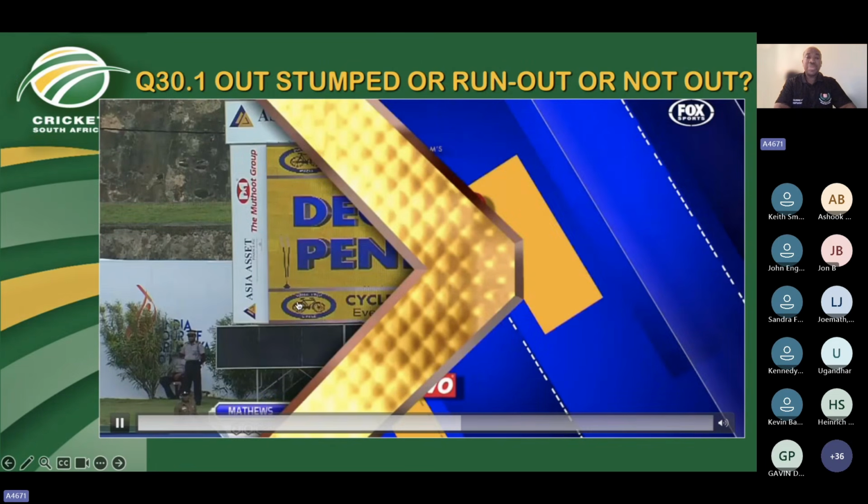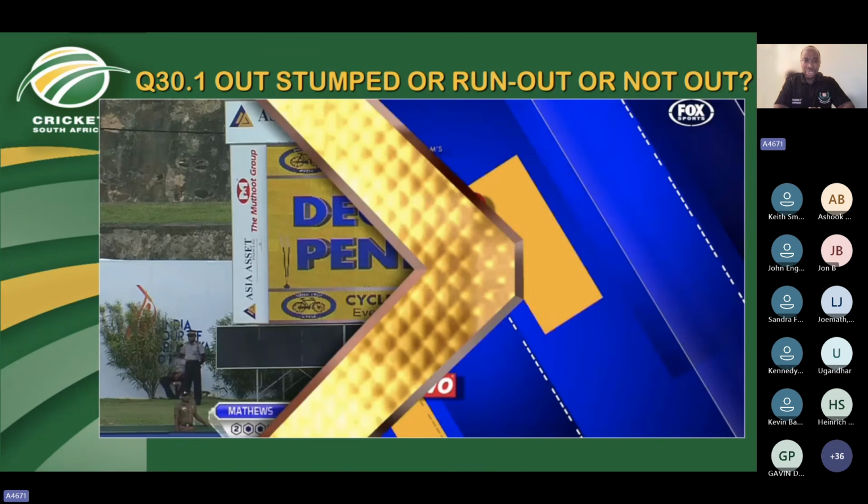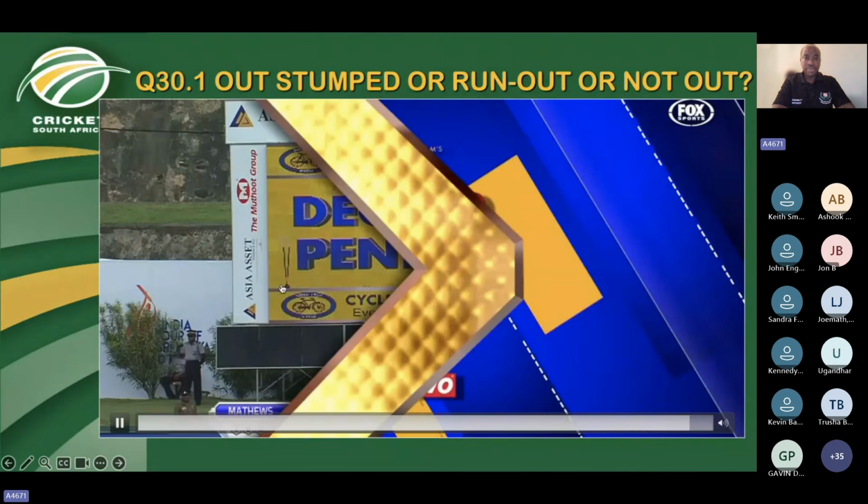Or is Upul Tharanga protected by the law? Upul Tharanga is protected by the law in this scenario. Why and how? He was diving back when he made his ground, and then because of the hand landing on the ground, only then was the bat raised when the wicket was fairly put down.